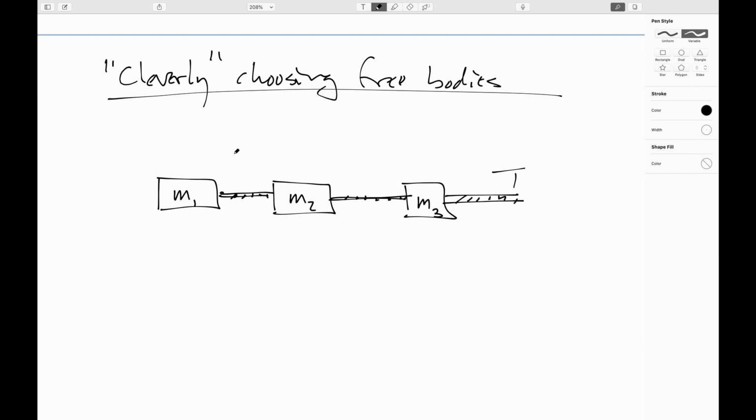And so let's say you're being asked to, so this is given, find the tension in strings 1 and 2 and the acceleration of all of these masses, because you know they're all going to be the same because they're moving in lockstep.